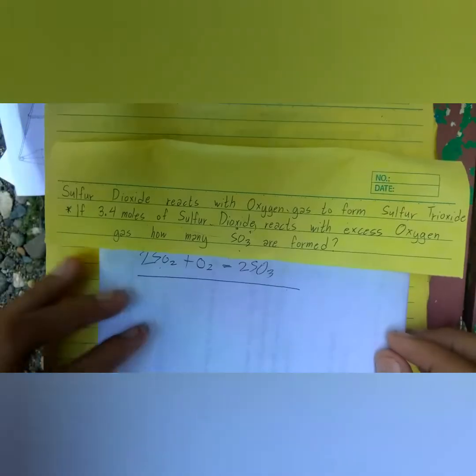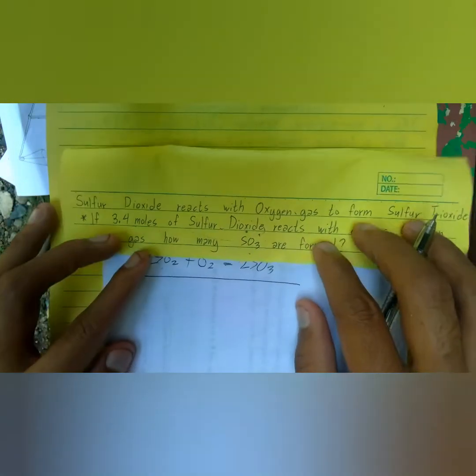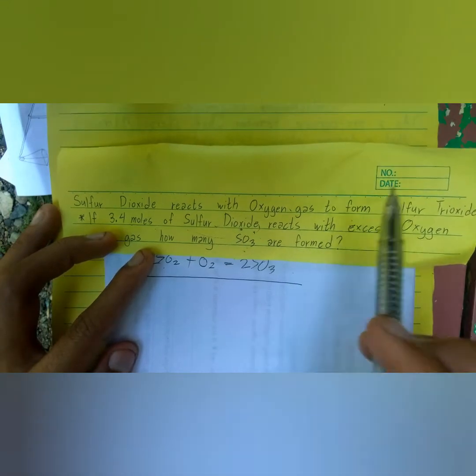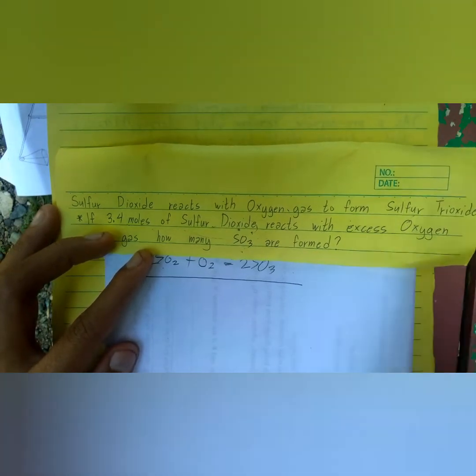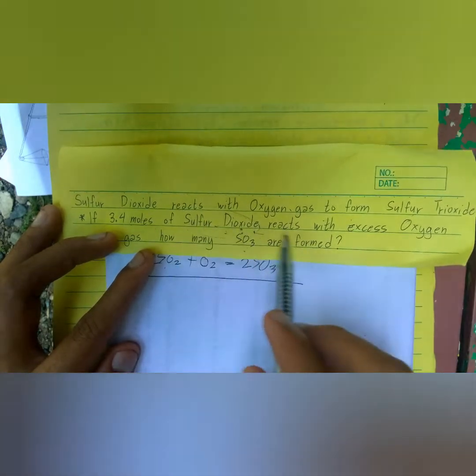Now let's solve the problem. If 3.4 moles of sulfur dioxide reacts with excess oxygen gas, how many moles of sulfur trioxide are formed? So we are tasked to calculate the number of moles of sulfur trioxide formed after the reaction of sulfur dioxide with excess oxygen.